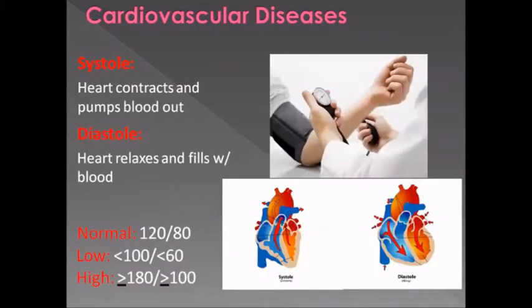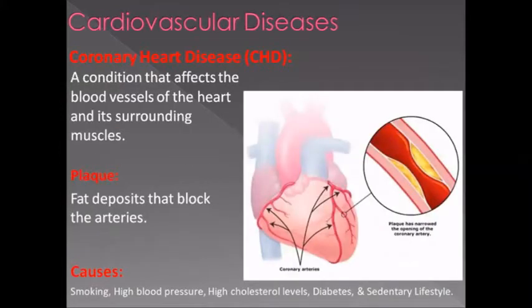When you are measuring your blood pressure, you are also measuring your systole, when the heart contracts and pumps blood out, and diastole, when the heart relaxes and fills with blood. Normal blood pressure is 120/80, and low if less than 100 over less than 60, and high if more than 160 over more than 100.